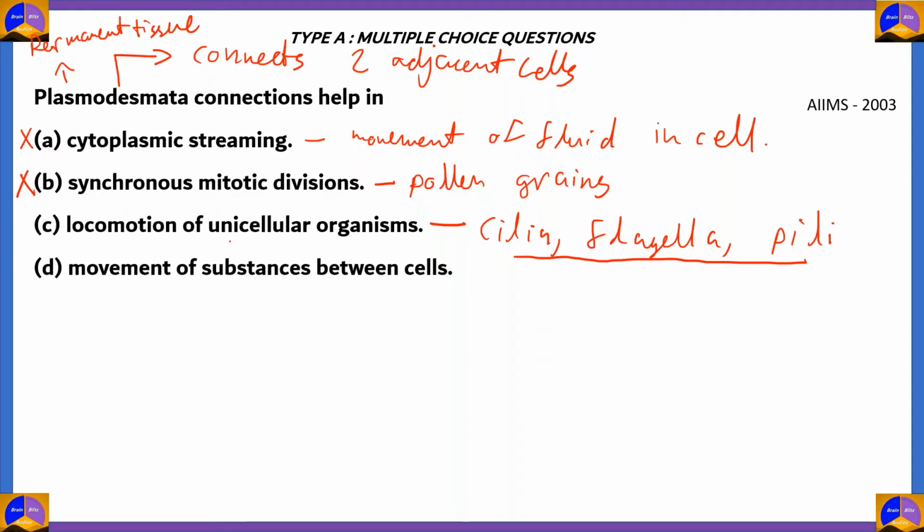Plasmodesmata does not help in locomotion, and it is not even found in unicellular organisms. So option C is incorrect. The right answer is option D, movement of substances between cells. The plasmodesmata is a connection of two adjacent cells, and it's formed by the cell wall. So it helps in movement of substances between cells.